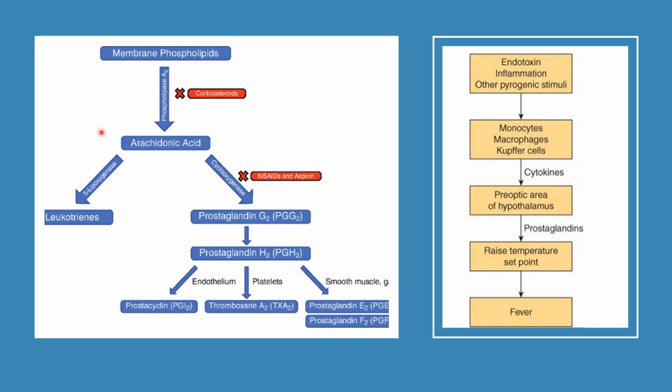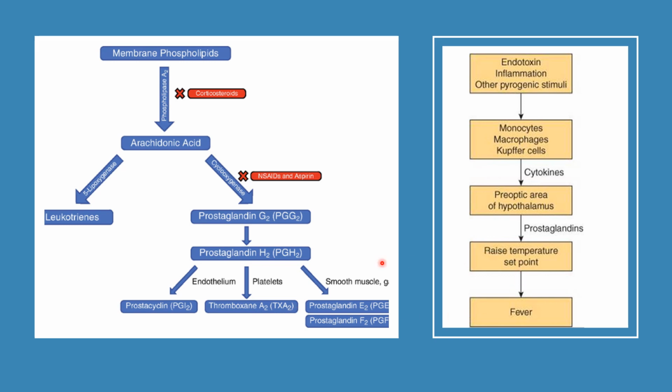How? We know that from the membrane phospholipid, with the help of phospholipase A, there is formation of arachidonic acid. Arachidonic acid can be metabolized into two pathways, the cyclooxygenase pathway and the lipoxygenase pathway. In the cyclooxygenase pathway, there will be formation of prostaglandin, and these prostaglandins are raising the set point.